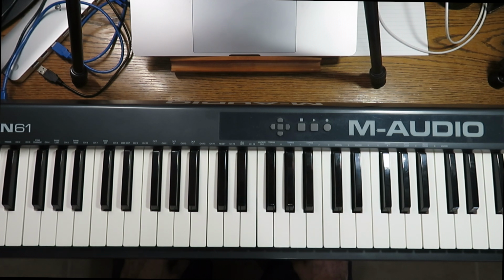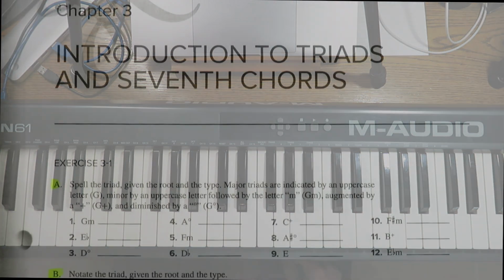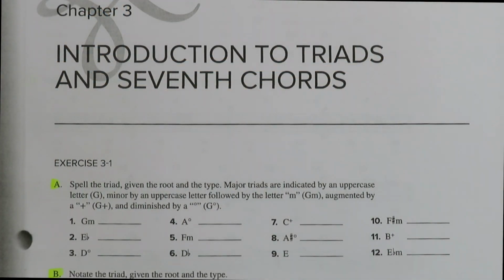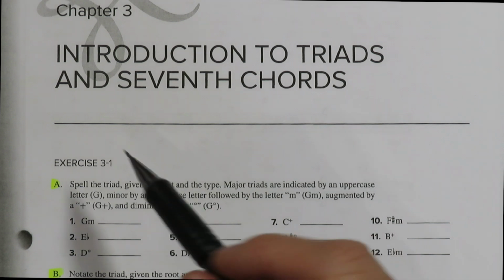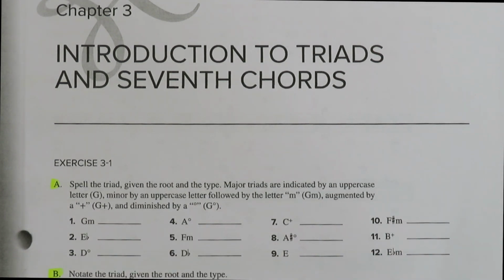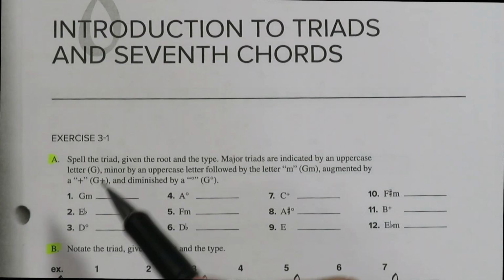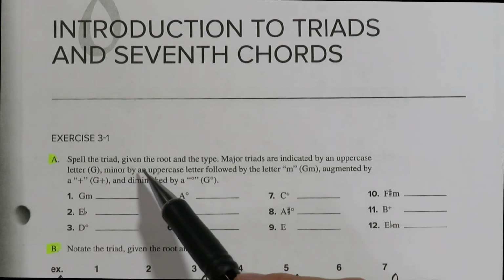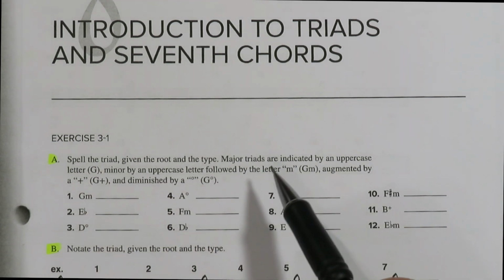Okay. All right, so we'll start on chapter 3, part A, and we'll get right into it. Okay, so I'll see you there. Okay, so here we are, chapter 3, and we're on exercise 3-1, and we are to spell the triad given the root and the type.